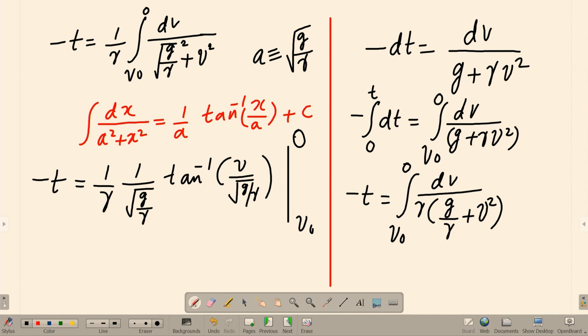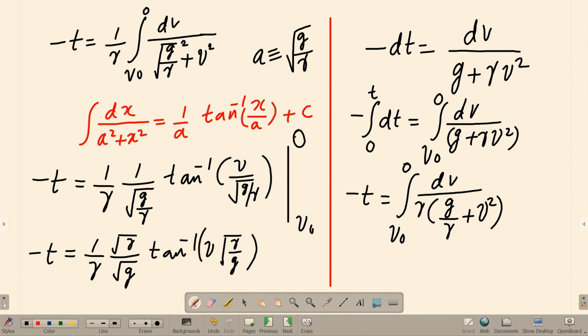Now we can do some arrangements again. Minus t is equal to 1 by gamma. Here root gamma goes to the numerator, so we can write 1 by gamma, root of gamma divided by root of g, tan inverse, v multiplied by root of gamma by g, with limit v0 to 0.